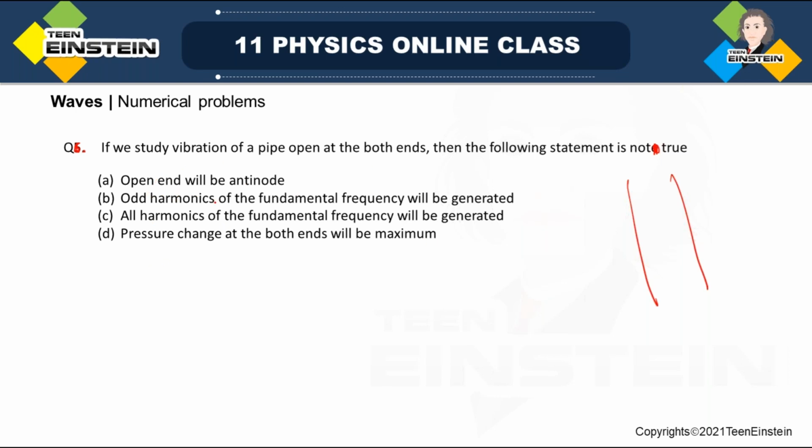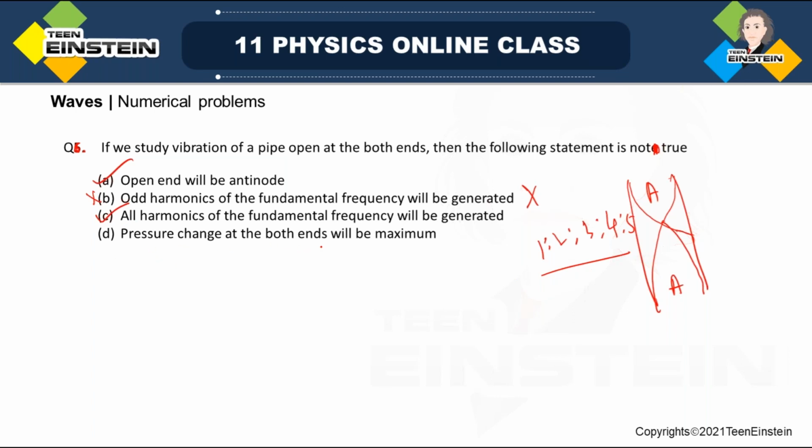That is what you have to find out. So open ends will be antinodes. That is true because we know that the fundamental one will be like this. So both ends are antinodes. This is true. Odd harmonics of the fundamental frequency will be generated. No, all the harmonics 1 is to 2 is to 3 is to 4 is to 5, all the harmonics will be present. So this is not true.